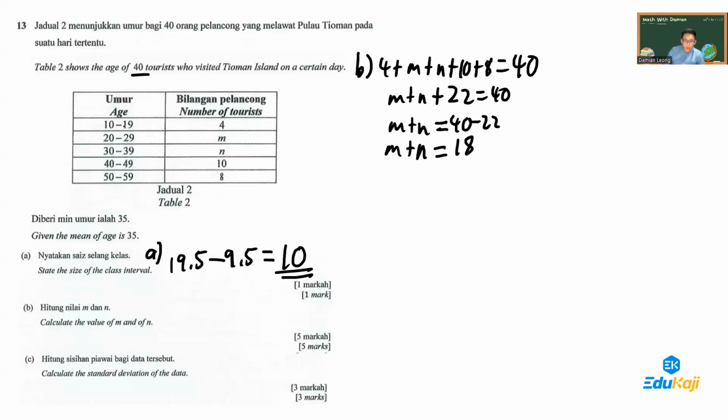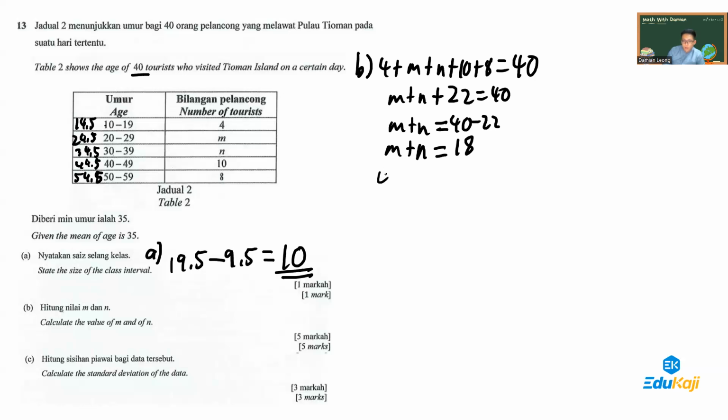So I get the midpoints first. Midpoints, just add the limits together and divide by 2. So it's 14.5, 24.5, 34.5, 44.5, 54.5.